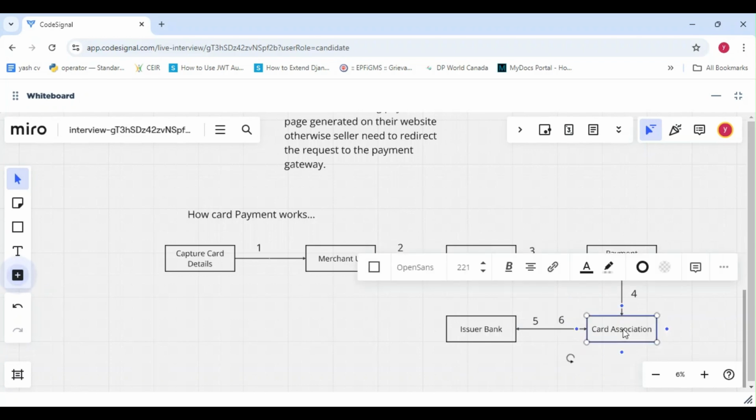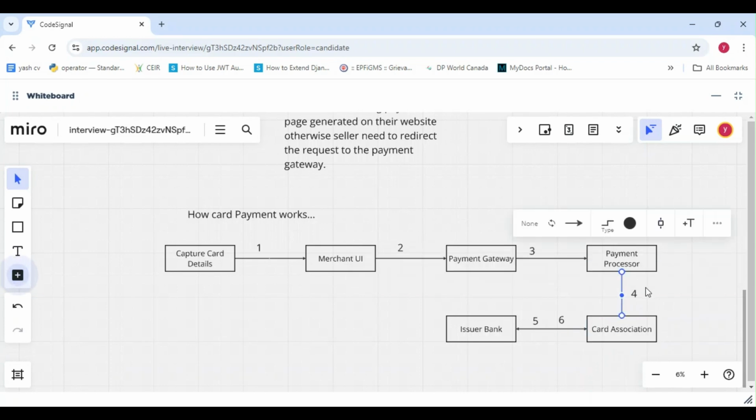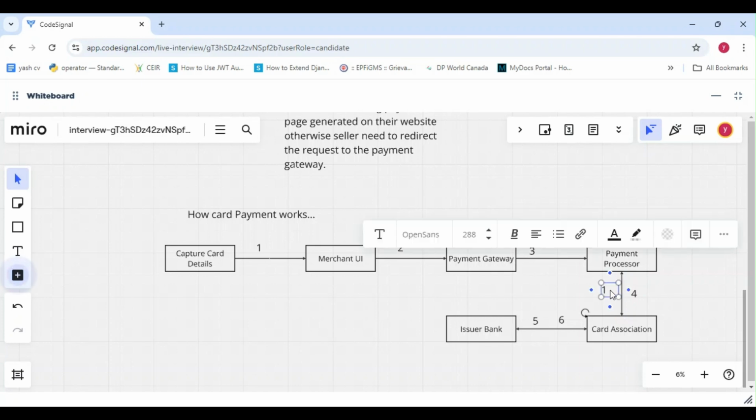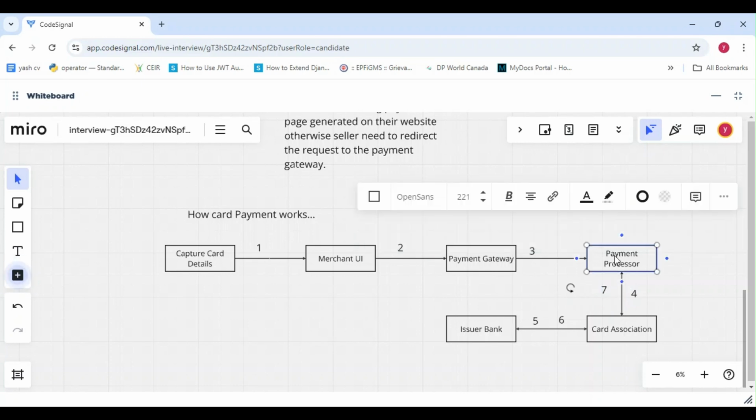The card association will send the success or failure message to the payment processor, and the payment processor will send the success or failure message to the payment gateway.